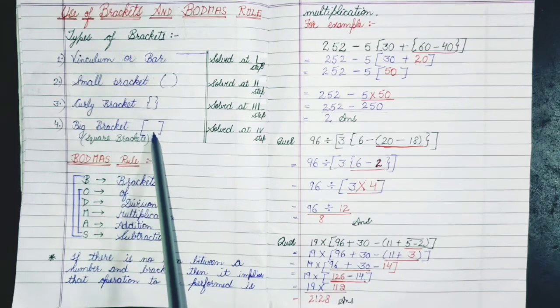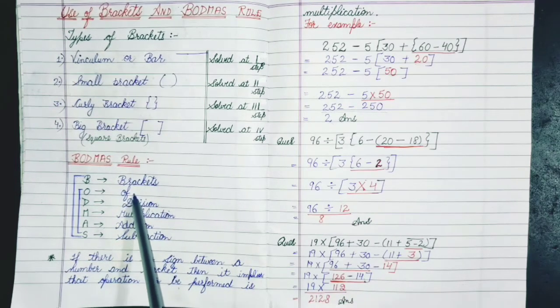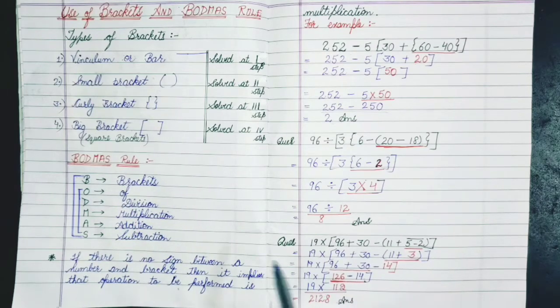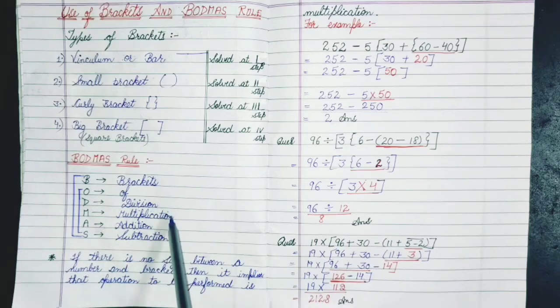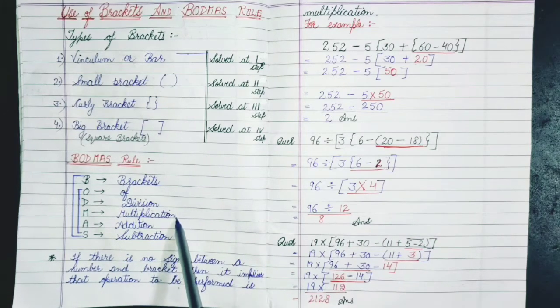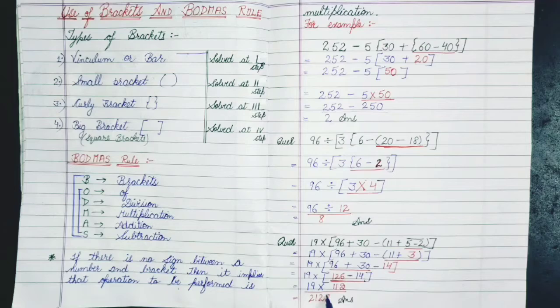Class, after solving the brackets, we have to solve of, but of is not there. Then we move to division. Division is also not there. Then we move to multiplication. Yes, multiplication is there. So we will underline the numbers involved in the multiplication, right?